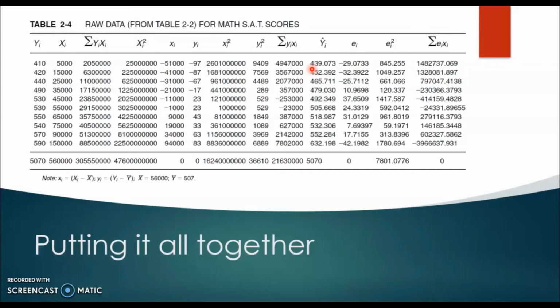It will be different, but the difference is not going to be that large. So as I said before, if you use higher decimal points, the figure you get will be much closer to 439.073.